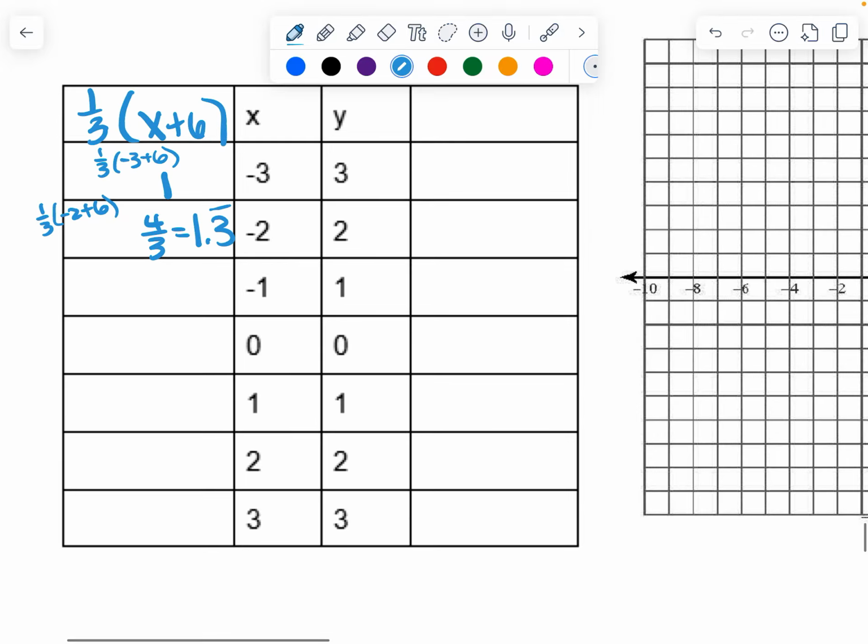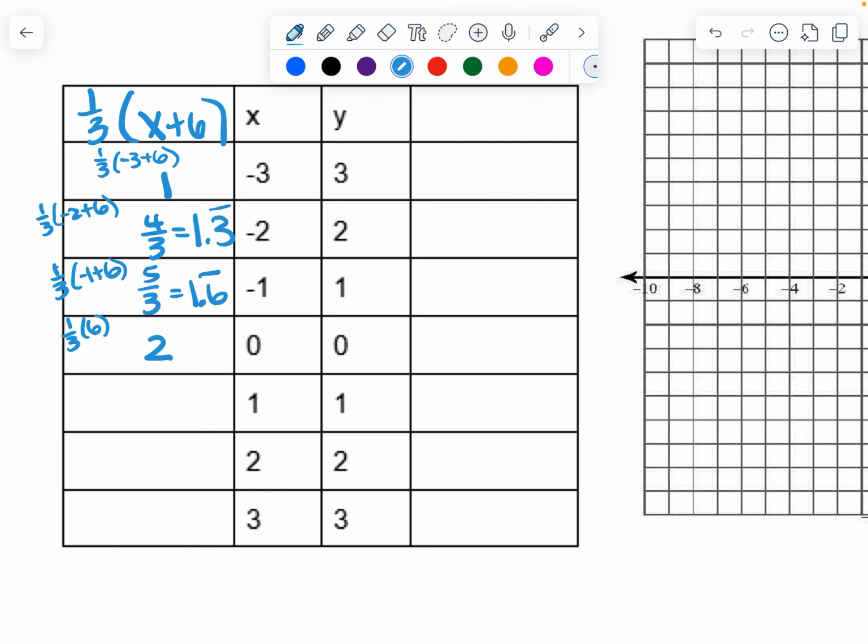And then this would be 1/3 of negative 1 plus 6, that's 5/3, so that's going to be 1.6 repeating. And this would be 1/3 of 6, which is 2.